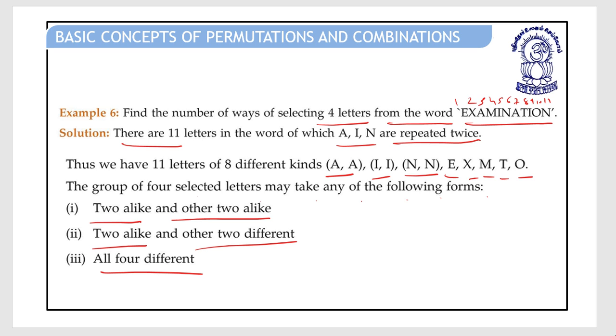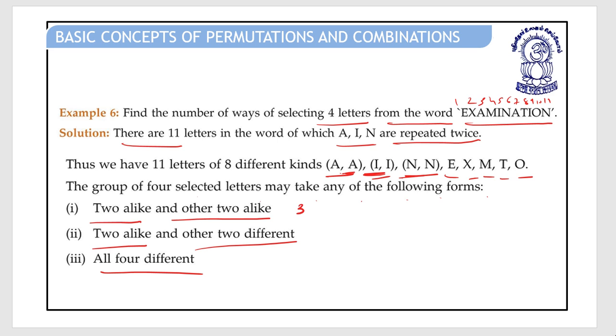So in case first, 2 alike and other 2 alike, the number of ways is 3C2. Here the total number of alike letter pairs is 3 and chosen is 2.